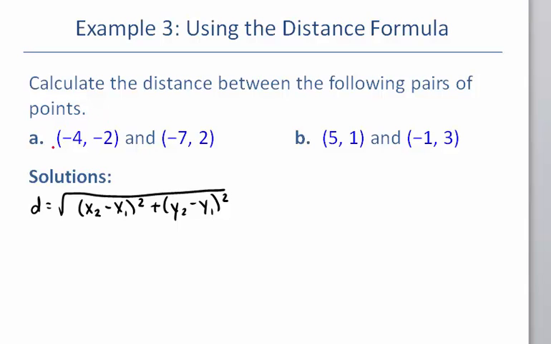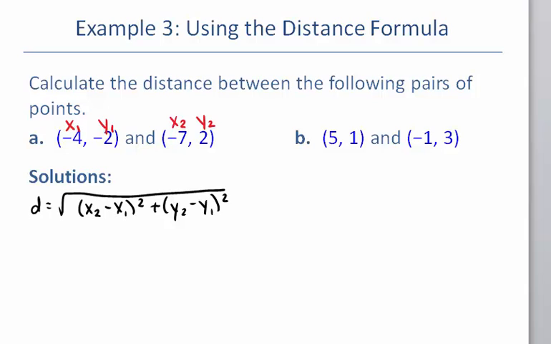Since this -4, -2 is your first point, it will contain the first x and the first y. So x1 will be -4 and y1 will be -2. And since this is your second point, it will contain the second x and the second y. So therefore x2 is -7 and y2 is +2.